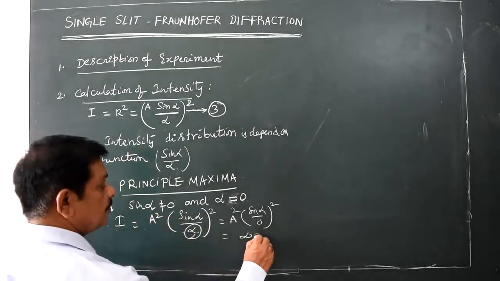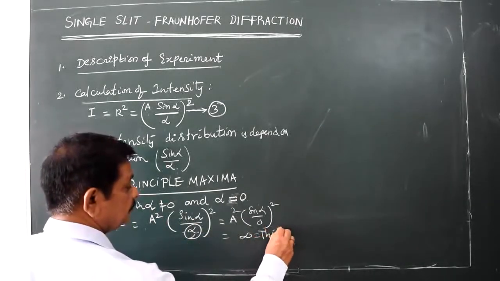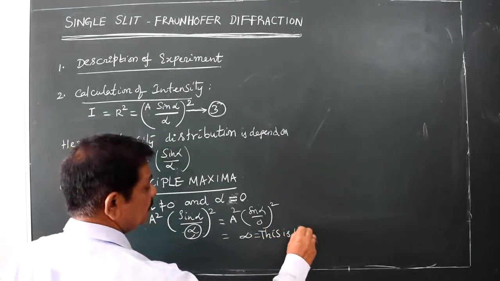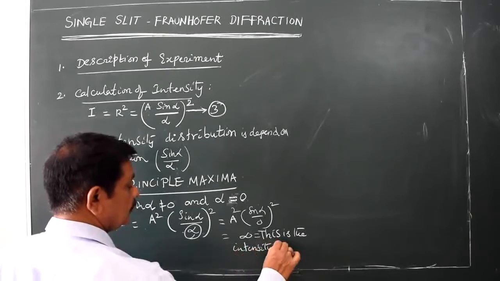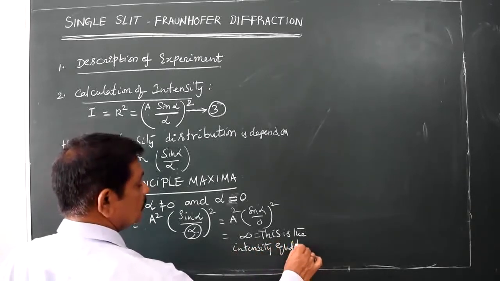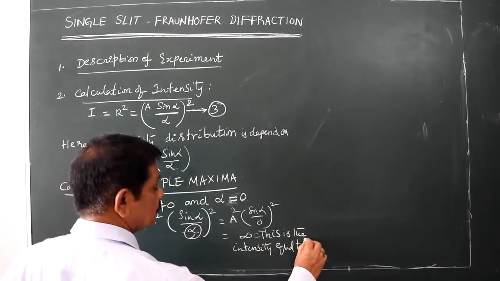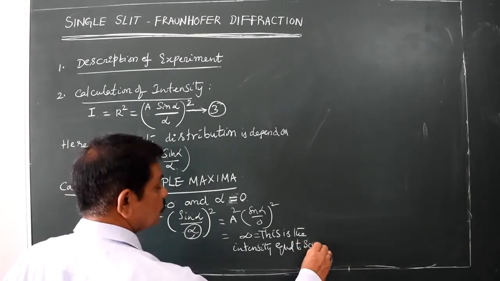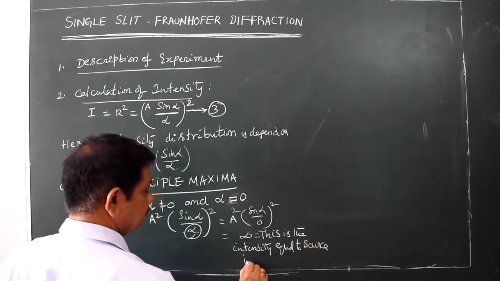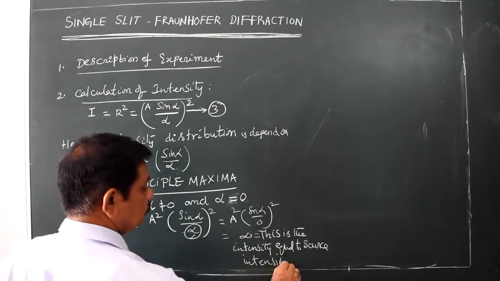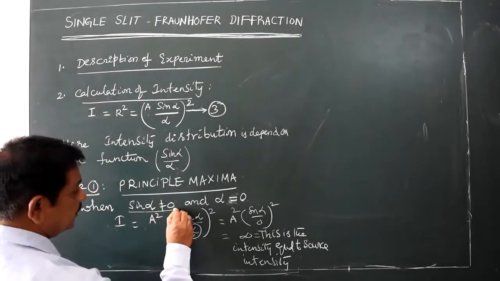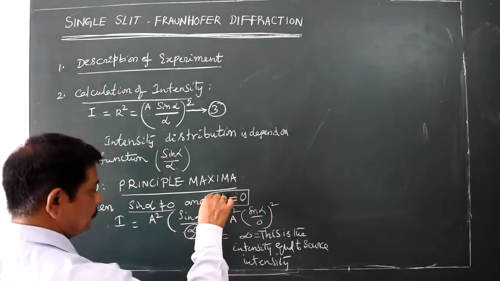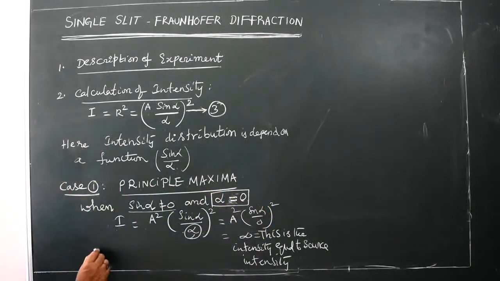This intensity is equal to the incident or source intensity. So this is the condition: sin alpha is not equal to 0 and alpha is equal to 0. Now we take alpha equal to 0.